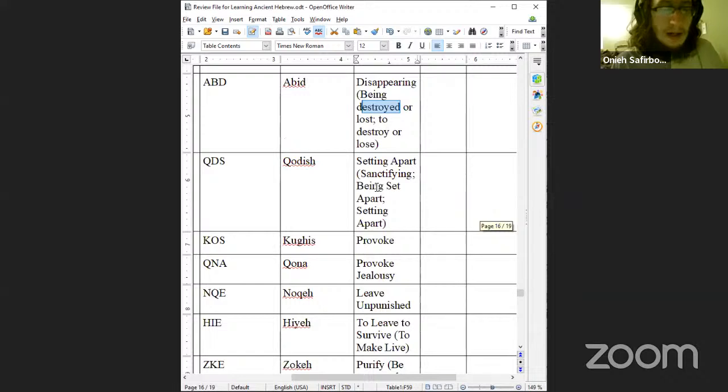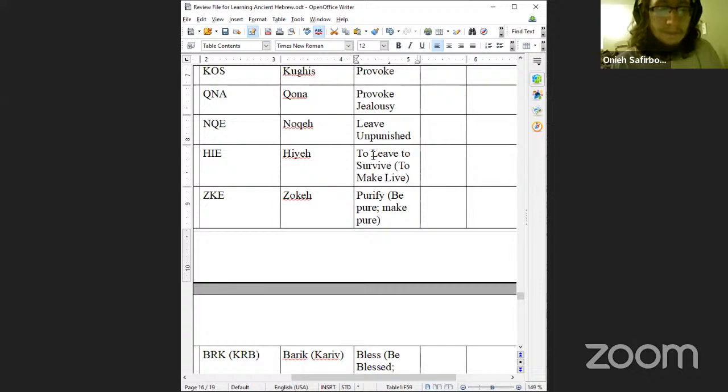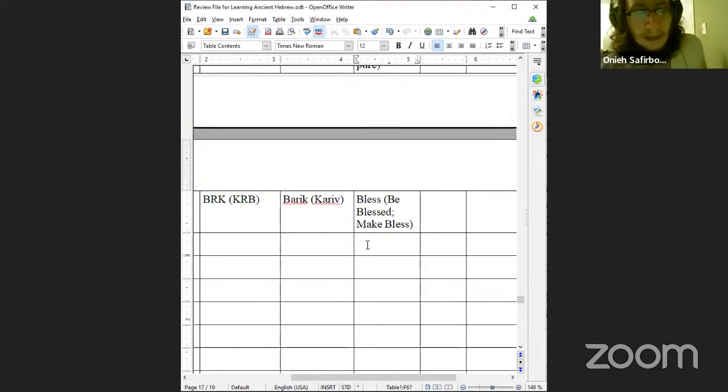And setting apart, you can set apart yourself or set apart others. So the word for bless, you can bless yourself, as in you make yourself bless. So it's you make bless who? Yourself, or make bless who? Others. So that's how some of these words work here. Some of the verbs.